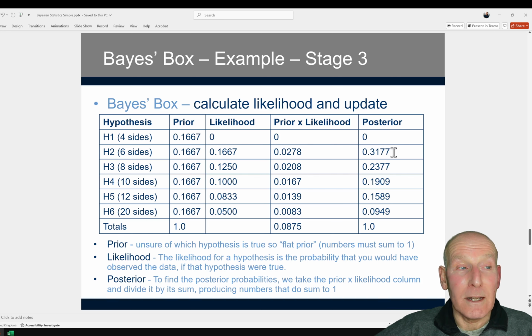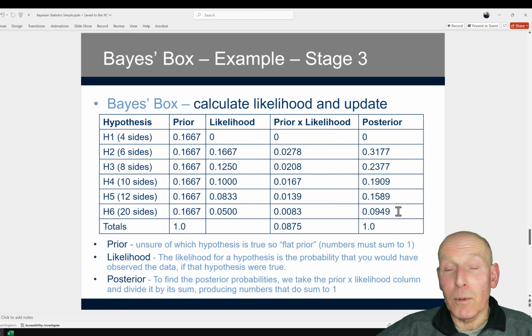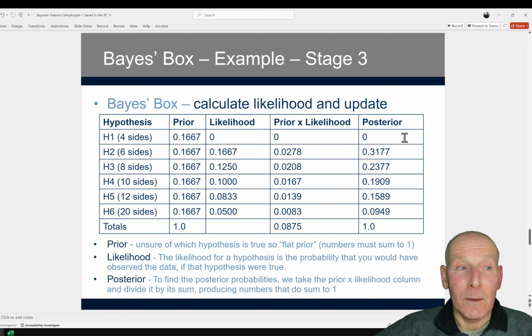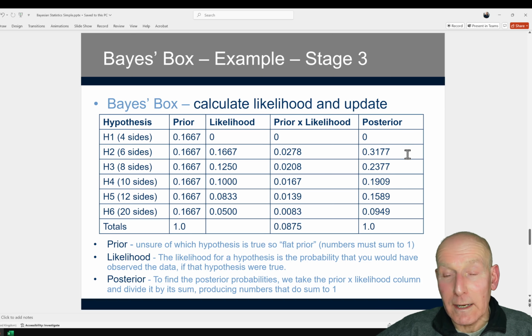On a 6-sided dice, the probability is 0.3177, 8-sided 0.2377, and so forth. So at the moment, the probability distribution is telling us that we certainly haven't got a 4-sided dice, and the most likely dice we've got is a 6-sided dice. But that's only with one small piece of data.